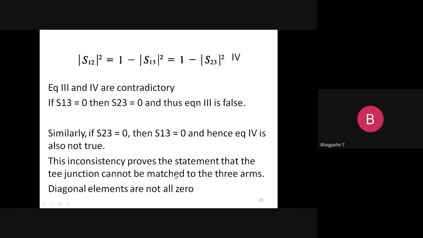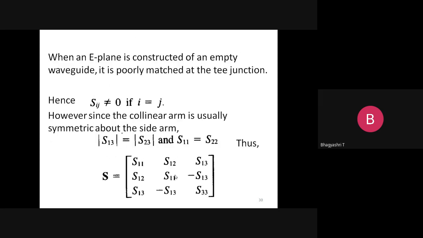So diagonal elements are not at all zero. Okay, so this is my matrix. When an E-plane T is constructed for any empty waveguide, it is poorly matched at the T junction. Hence, Sij is not equal to 0 if i is equal to j.